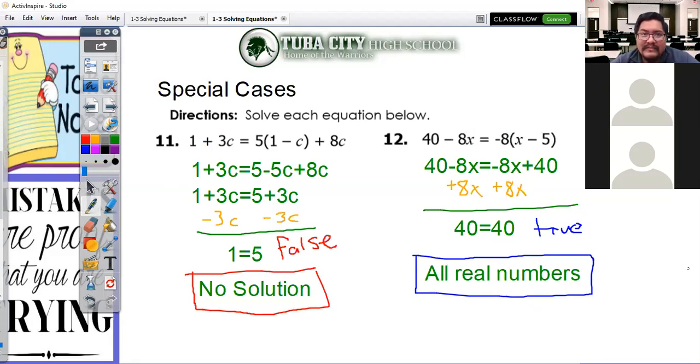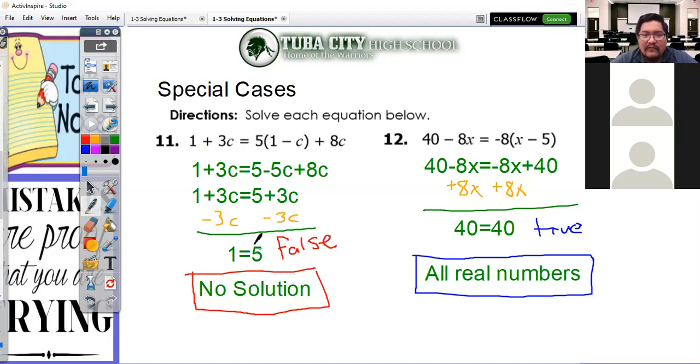So again, false means that it's not going to work out. Nothing will work out. All right, I could plug in any number in for C in this one here. And if I plug in any number I can think of, including whole numbers, negative numbers, fractions, decimals, integers, irrational numbers, nothing is going to work. It's just never going to work. Okay?